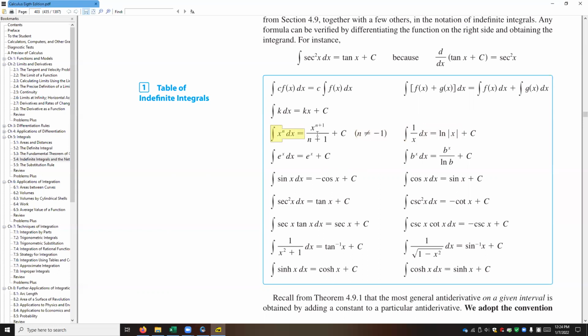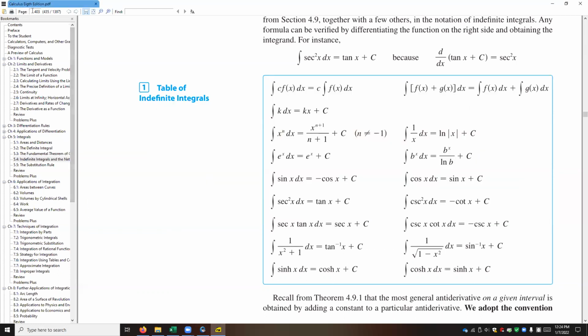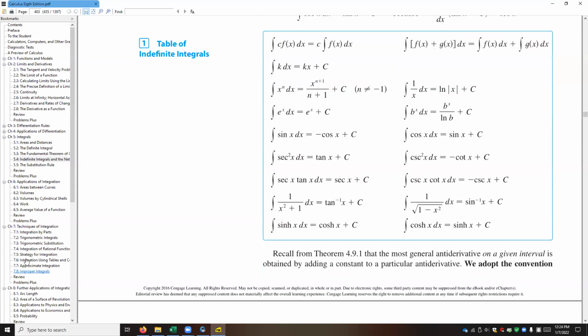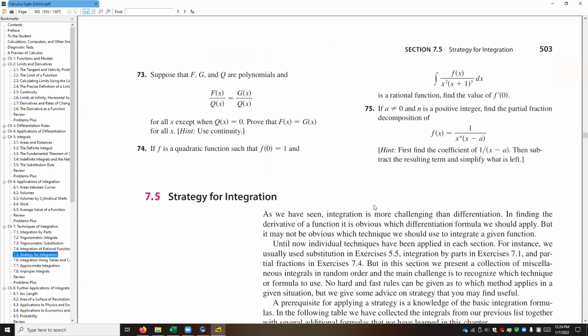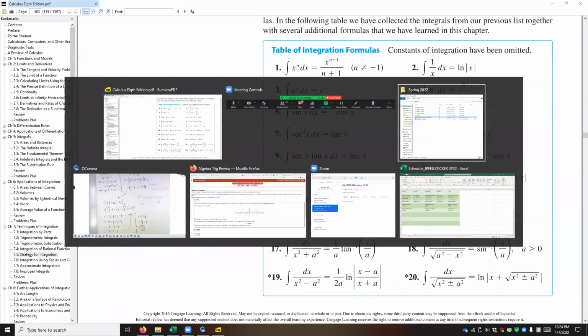But this works for all other powers: integer, non-integer, rational, irrational, positive, negative, whatever. So again, that was page 403 in the textbook. If you want to take a screen cap of this, that's not a bad idea. When my wife took Calc 2, we made flashcards for each of these. There's a bigger version of this in 7.5. It has a few things that we haven't cooked up yet, but we'll cook up soon.